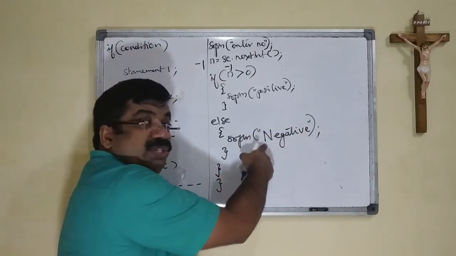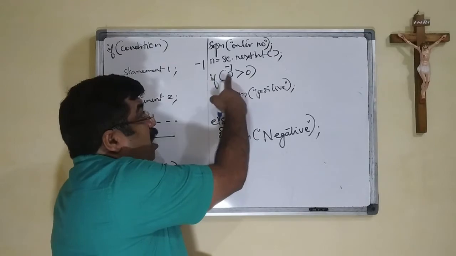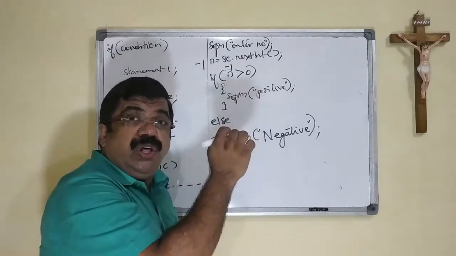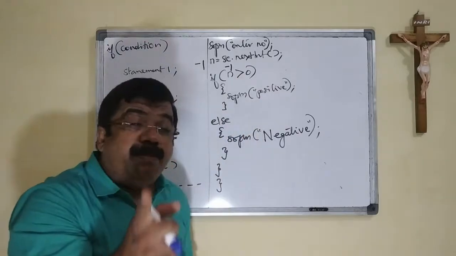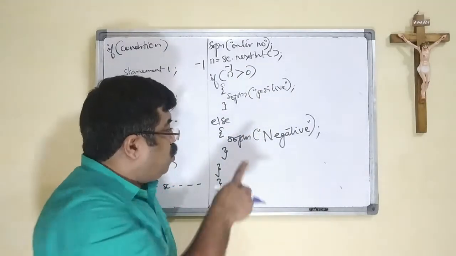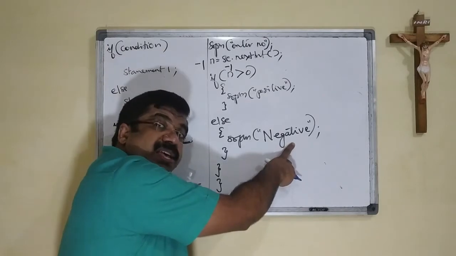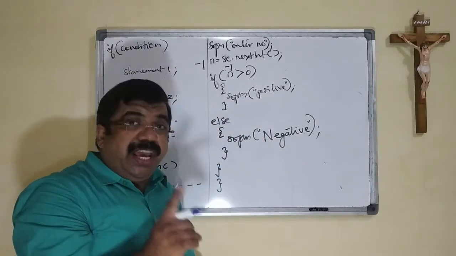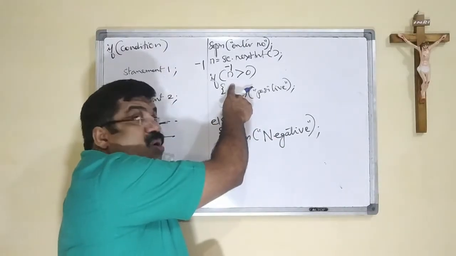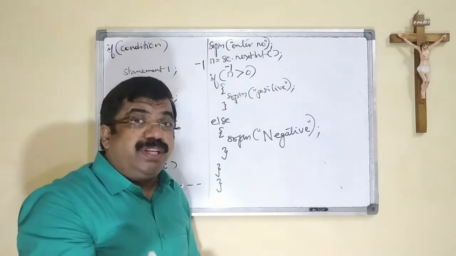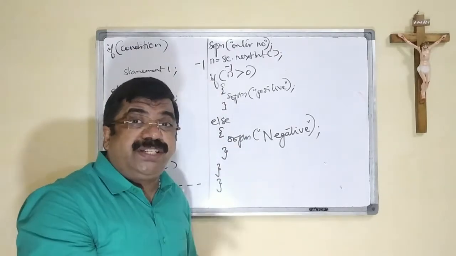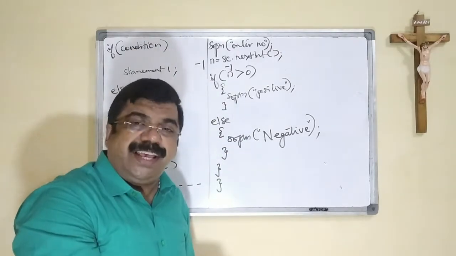It will print negative because the given condition is not true. When the condition is not true, the else part will be executed. So the message comes as negative. Again you see, out of these two sets of statements, any one set is selected.